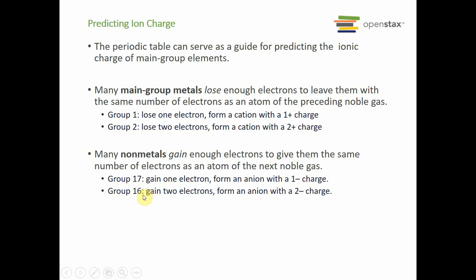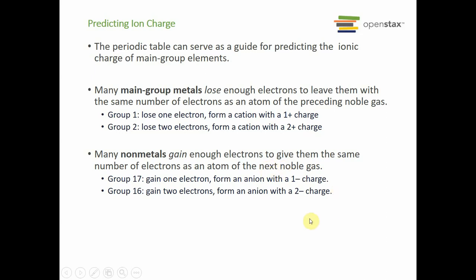Group 16, which are the chalcogens, the ones below oxygen, gain 2 electrons to form an anion with a 2- charge. And this would be oxygen, sulfur, and then whatever goes below that, selenium, I believe.